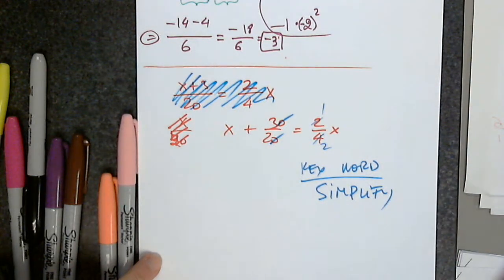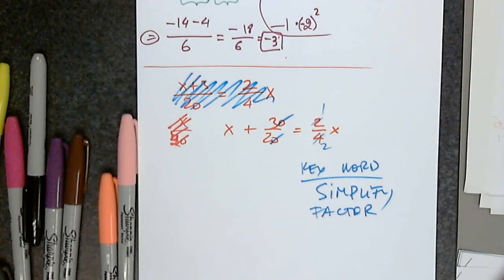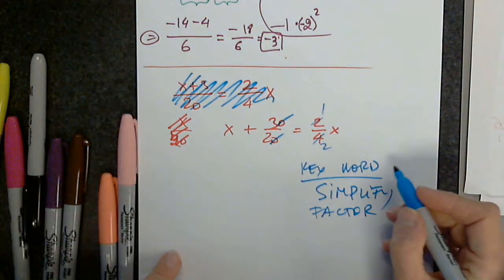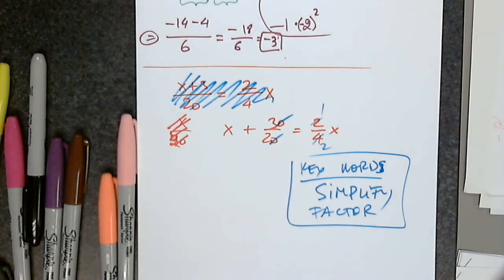These two will go with you anywhere you go in math. Factor. The bigger meaning of factoring will come up later in the semester. So these are the keywords. Always keep this in mind. Simplify and factor, simplify and factor.